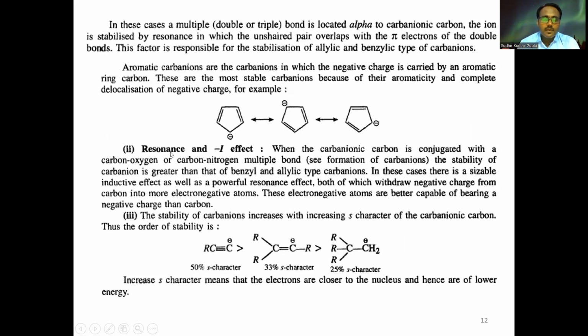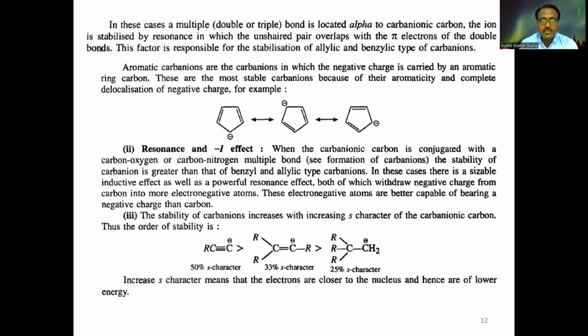Now, if we try to see the resonance effect, when this carbanion is conjugated with carbon-oxygen and carbon-nitrogen multiple bonds, in that case the stability of the carbanion is greater as compared to the benzyl or the allylic carbanion, because nitrogen or oxygen atoms are electronegative, so they tend to reduce the electron density on carbon atoms.